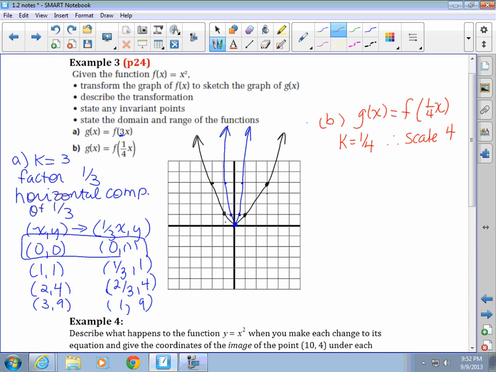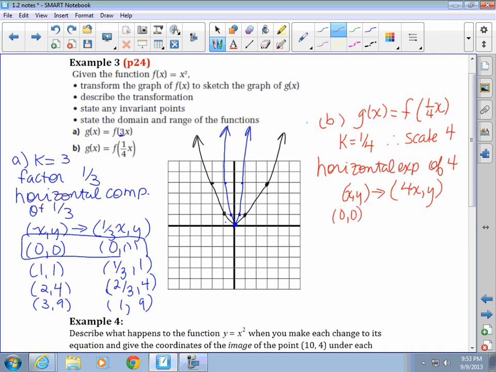So because k is greater than 1, that means we have a horizontal expansion of 4. So we're going to change our functions from (x, y) to (4x, y).